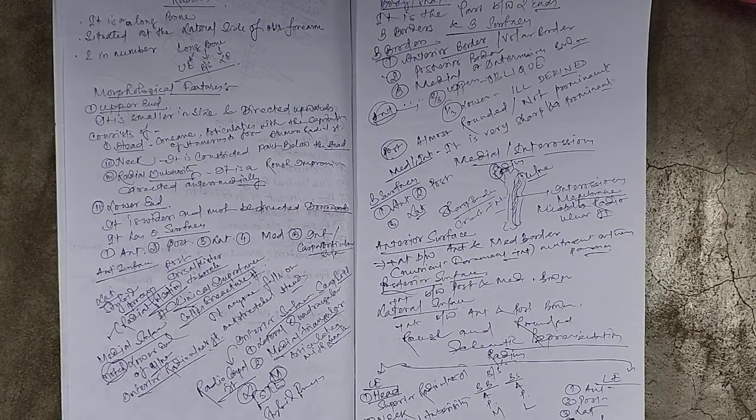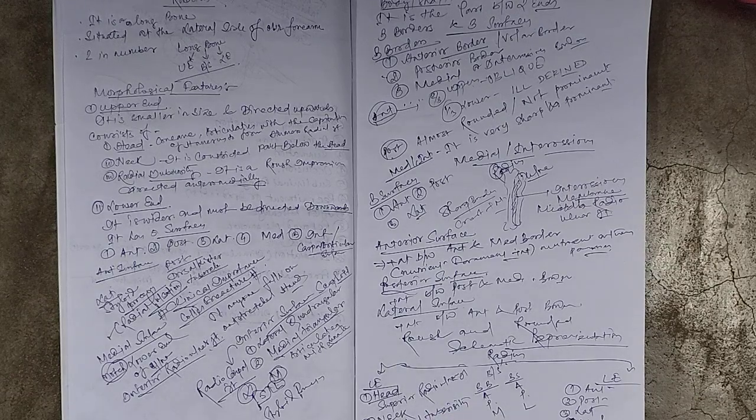So what is radius? Radius is a long bone which is situated at the lateral side of the forearm. It is 2 in number, and as it is a long bone, it has three parts: upper end, lower end, and body or shaft. Then we have discussed the morphological features of the radius.